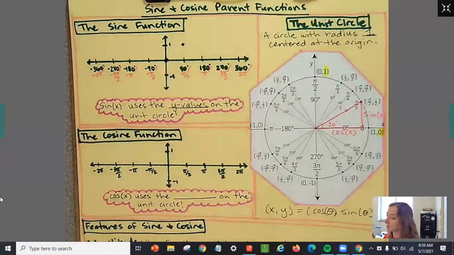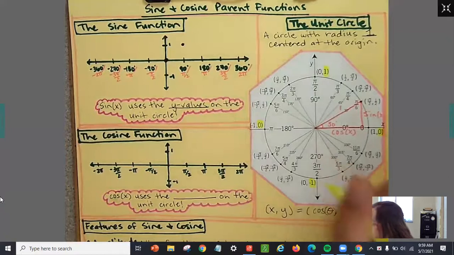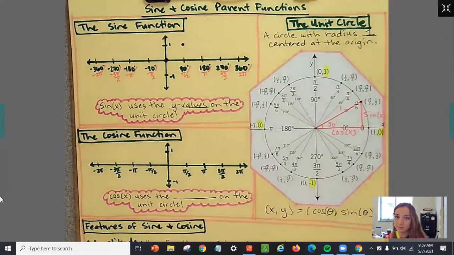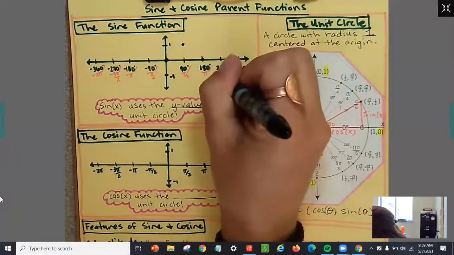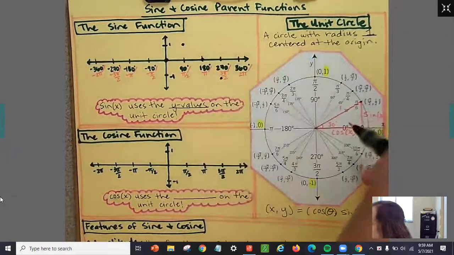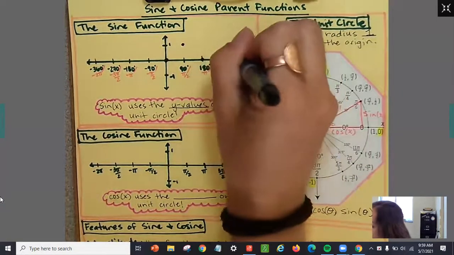Then if I go to 180 degrees, the y value is 0. And then at 270, it goes back to -1, and then at 360, which is back around to 0, it's going to go back to 0 here.